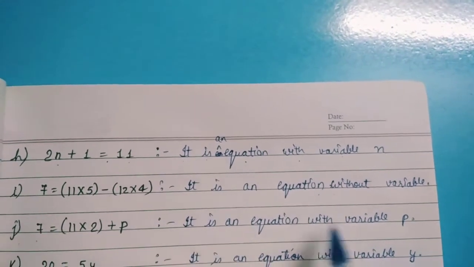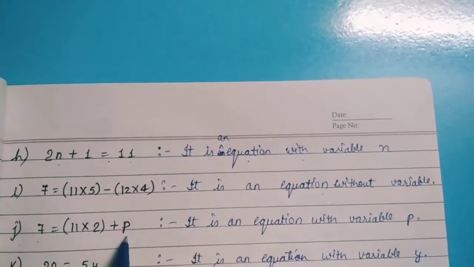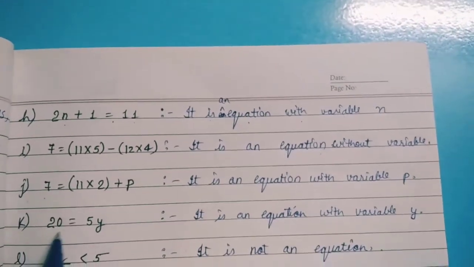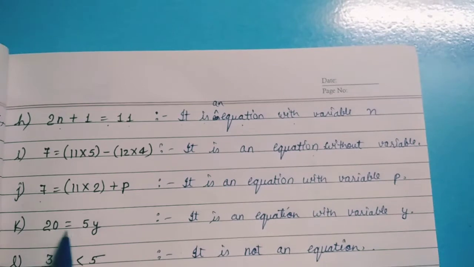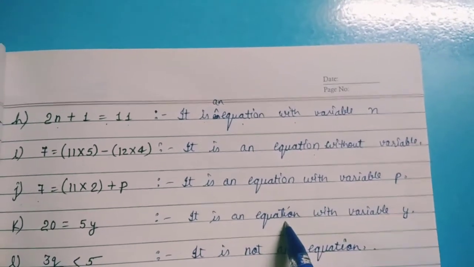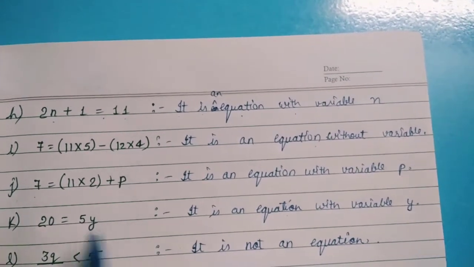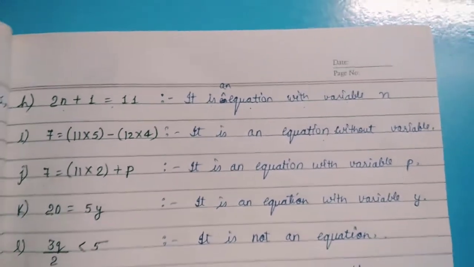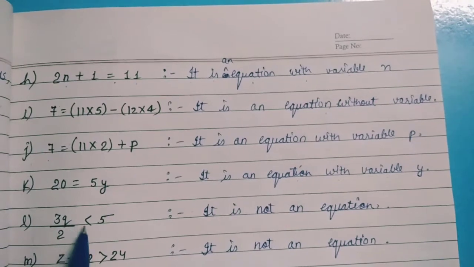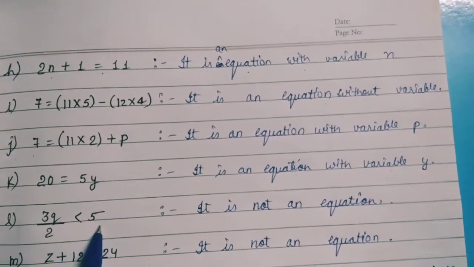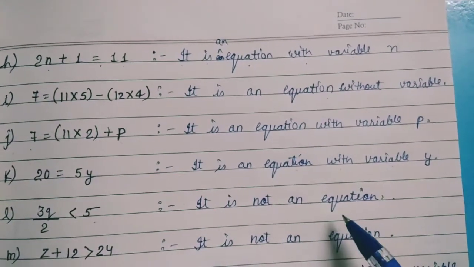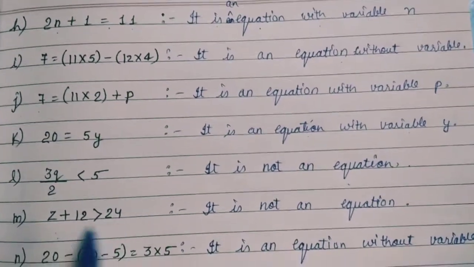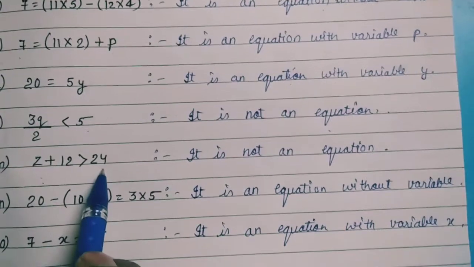It means it is an equation. One variable is here whose name is p. Then K is 20 is equal to 5y. Equal symbol, it means it is an equation. And the y is here, it means this has y as a variable. L is, you can simply see, we don't have the equality symbol. It means it is not an equation. Same for M. Here again we don't have any equality symbol.